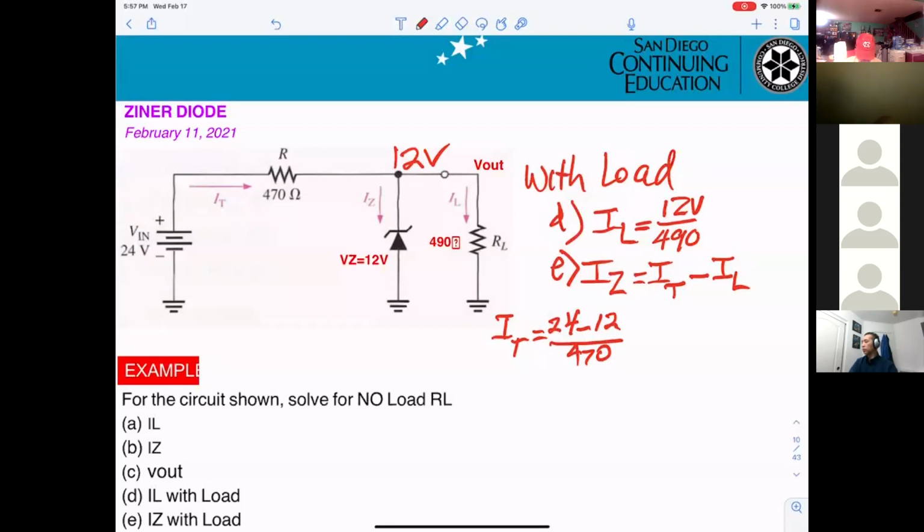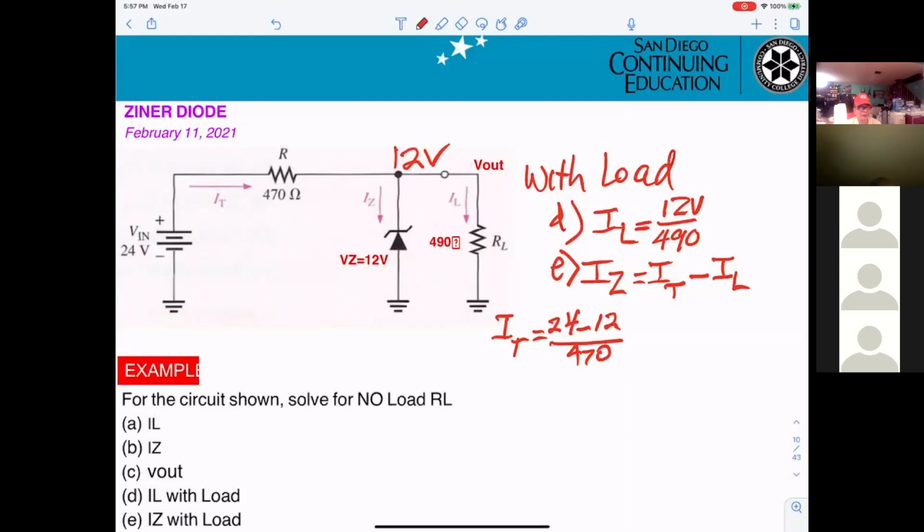If the VIN is greater than the VZ, and you happen to just get like a 12 volt V out, my question is, is it 24 minus 12 in that case? Why do you want 24 minus 12? I'm just asking. At what, at current or what?